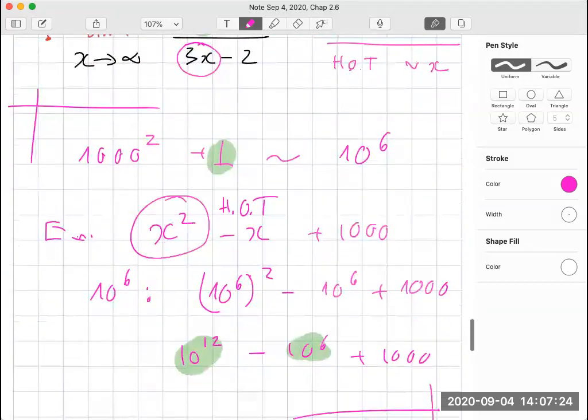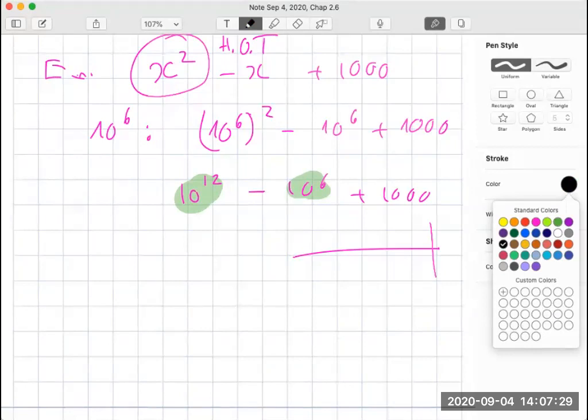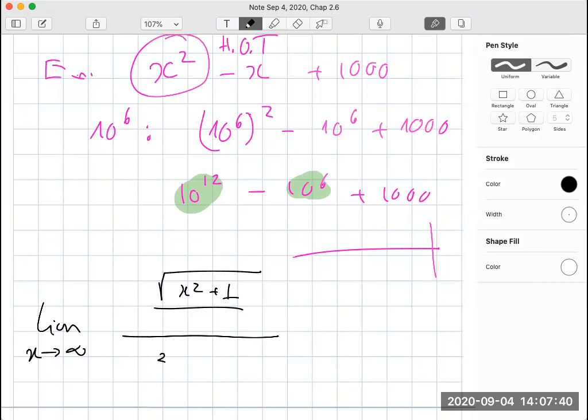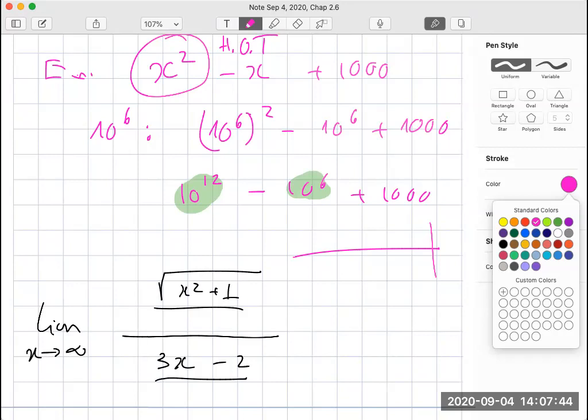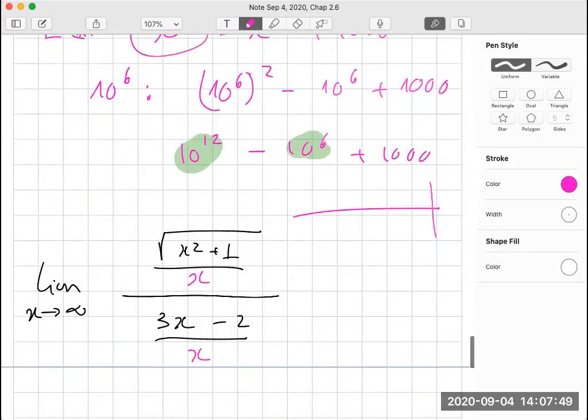In this case, we write the square root of x squared plus 1, and the denominator 3x minus 2, and they are both divided by x. Nothing changed yet. Okay?